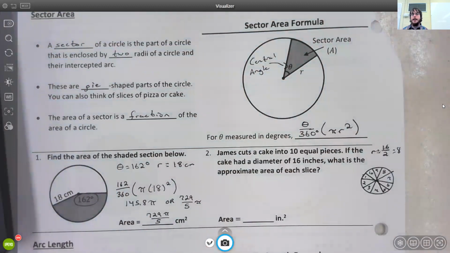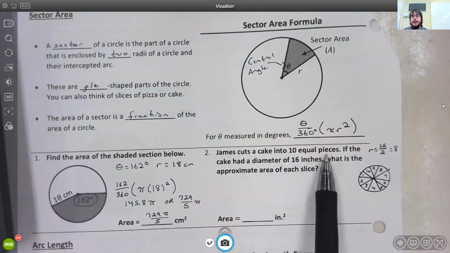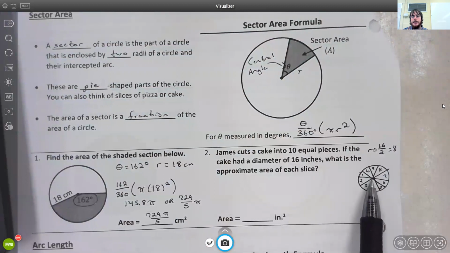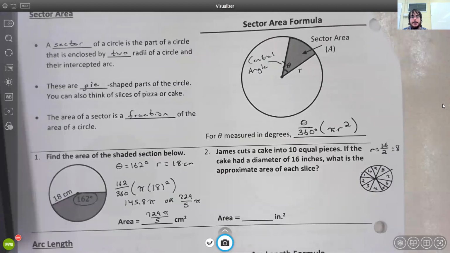So I know my radius. But here's the thing. I always need my radius and my theta to determine a sector area. I don't have my theta yet. So how can I figure this out? Well, he cuts the cake into 10 equal pieces, which means he's cutting this circle angle-wise into 10 equal sectors with 10 equal angles.